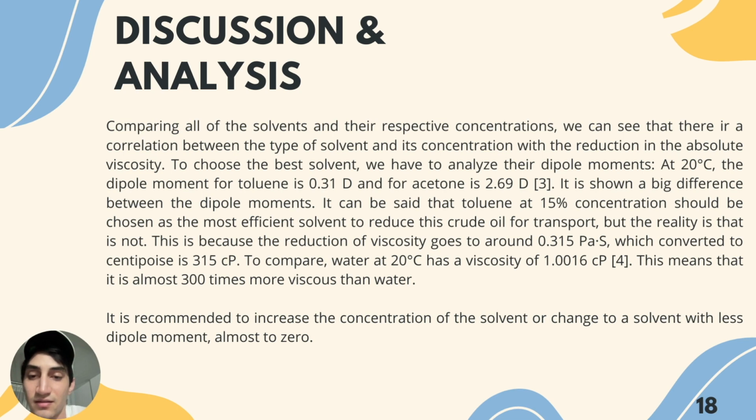So this means that the crude oil with toluene at 15% is almost 300 times more viscous than water. This can create problems in the transport of crude oil since the viscosity has not been reduced as much as we want. So we recommend to increase the concentration of the solvent or change to a solvent with a lower dipole moment, maybe almost zero.